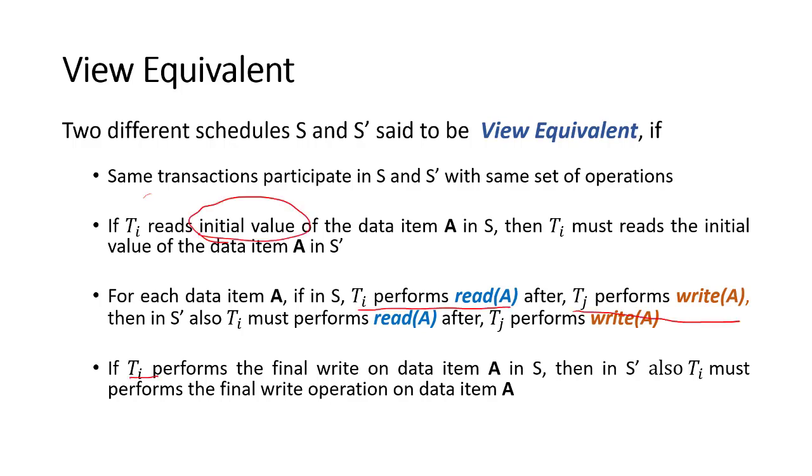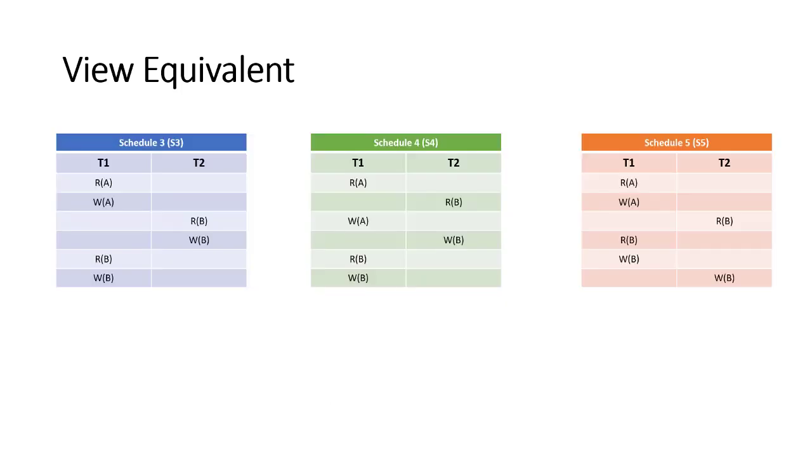Let us take an example and see how we can find the view equivalence between different schedules. So these are three examples, schedule 3, schedule 4 and schedule 5. All are non-serial schedules. In schedule 3, there are two transactions, transaction 1 and transaction 2, and this is the sequence of operations.